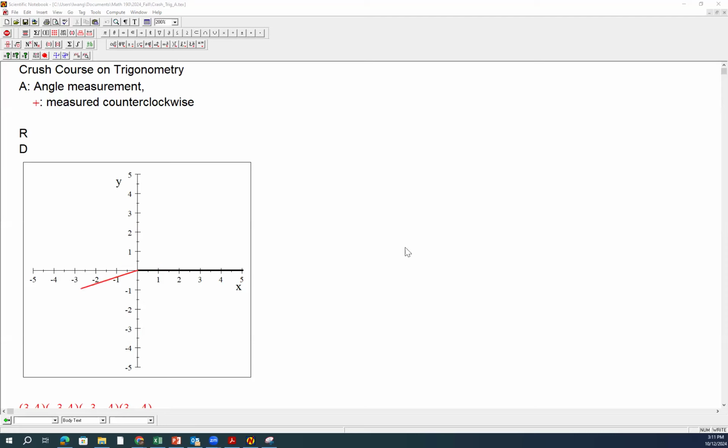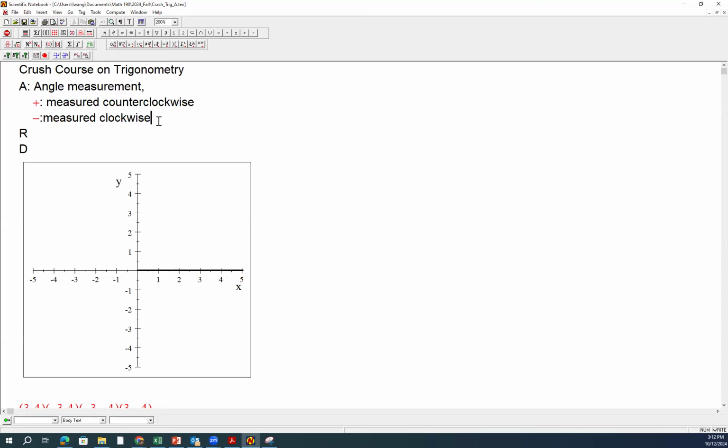Now, negative angle is, of course, you guessed it, measured clockwise. So this is about angle measurement.